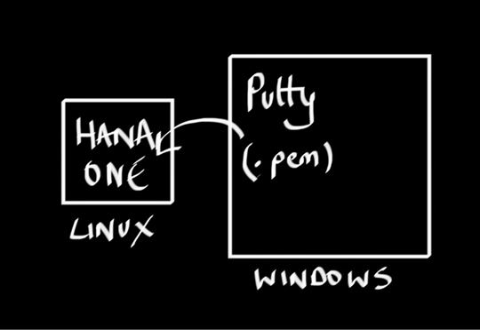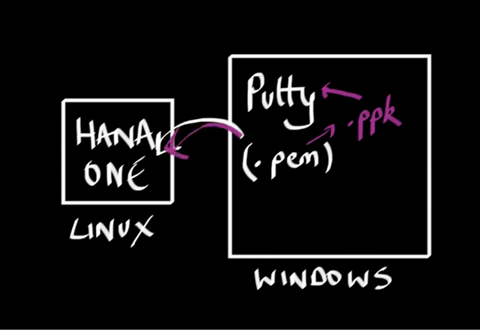Now what we'll do is place the PEM file on our Windows box, but unfortunately PuTTY can't use a PEM file. So we're going to use another tool to convert this PEM file to what's called a PPK, or a private key format. This PPK will then be used by PuTTY to obtain access to our SAP HANA 1 server.